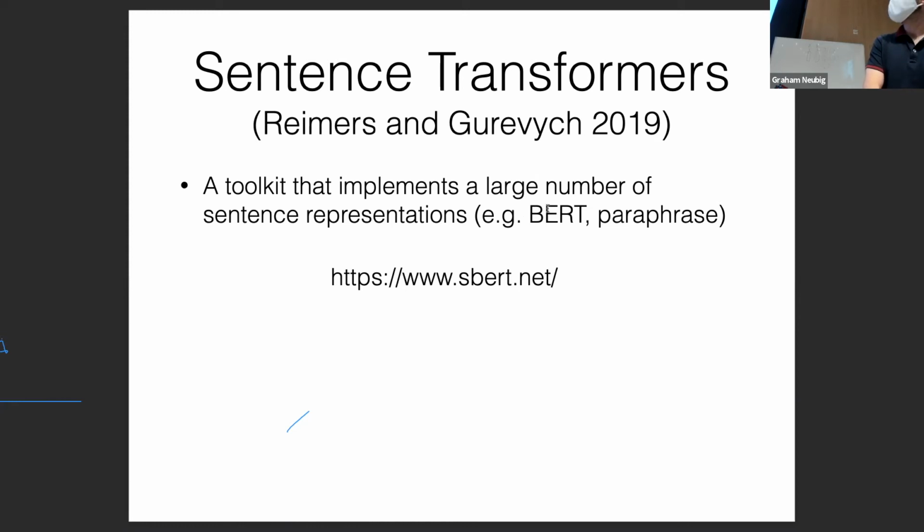For example, it contains embeddings that were trained using the unsupervised BERT objective. It contains embeddings that were trained using paraphrase-based contrastive learning or directly regressing to try to solve sentence similarity tasks, et cetera, et cetera. So it's kind of like a one-stop place to get lots of models that you could use for these. It also has some multilingual models as well.